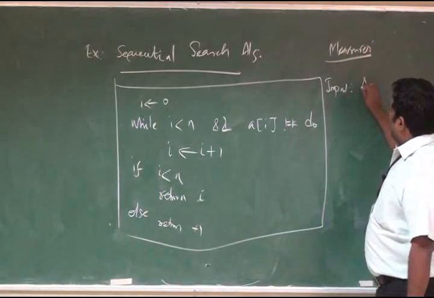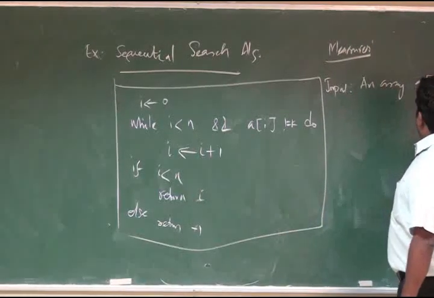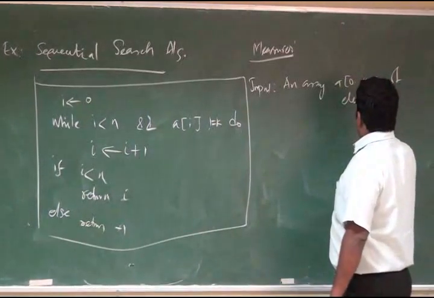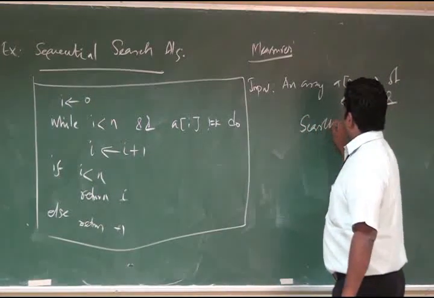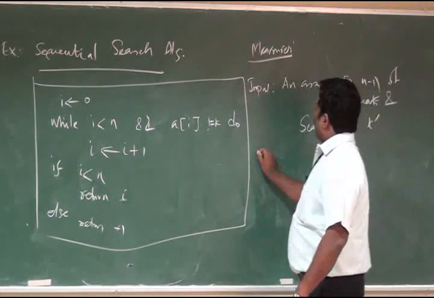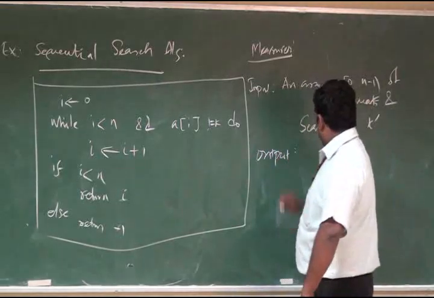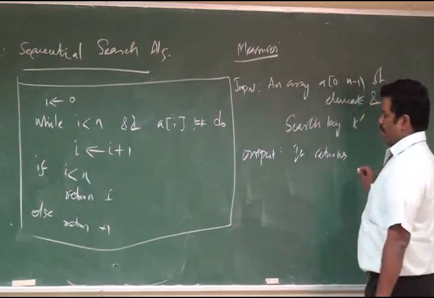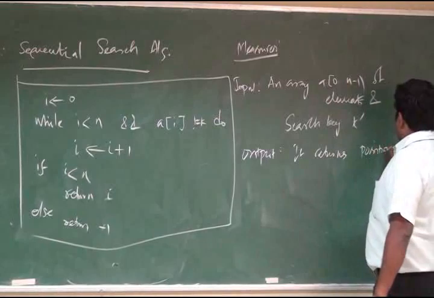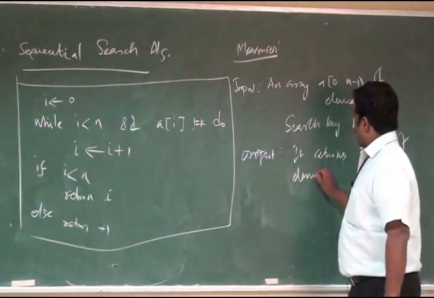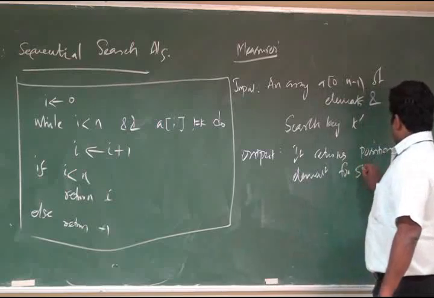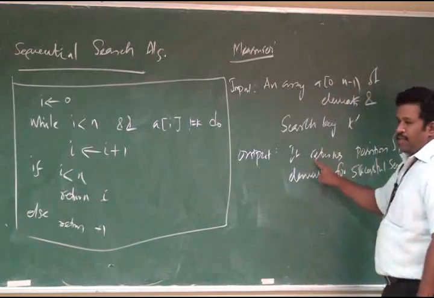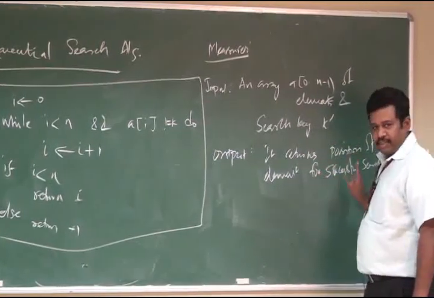The input for this algorithm is an array A[0 to n-1] of elements and the search key k. The output for this algorithm is the position of the element for a successful search.